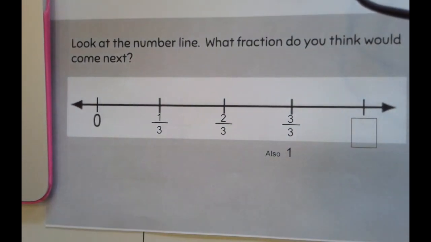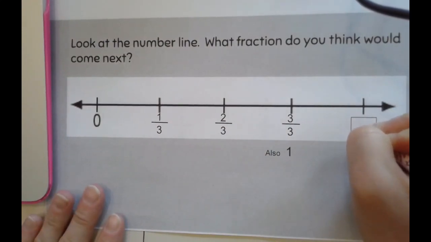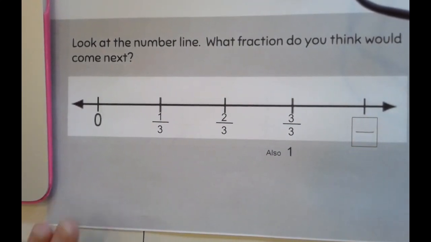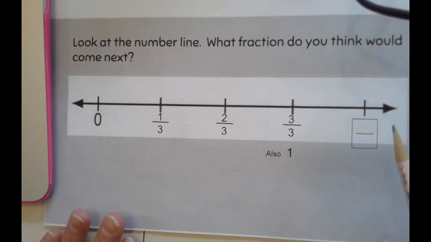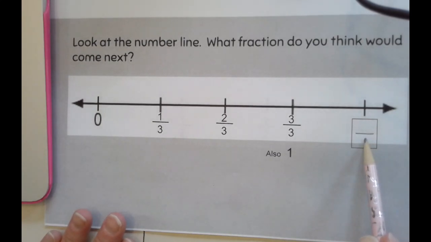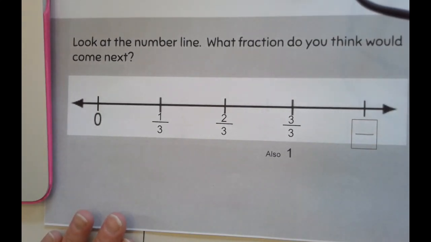This time, I want you to write on your paper or on your board the fraction that you think would come here next before I share what the answer is. Remember, we still have broken up our number line into the same number of pieces.